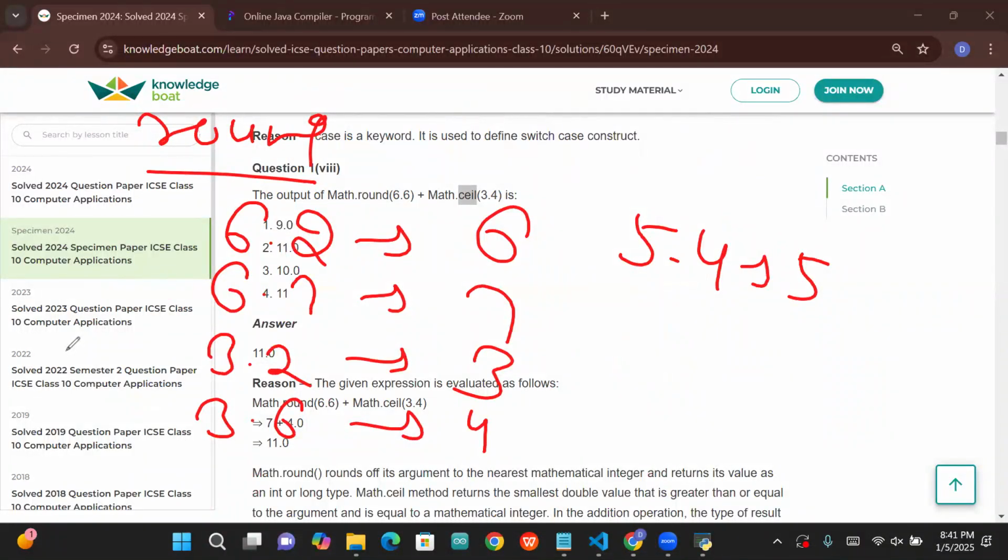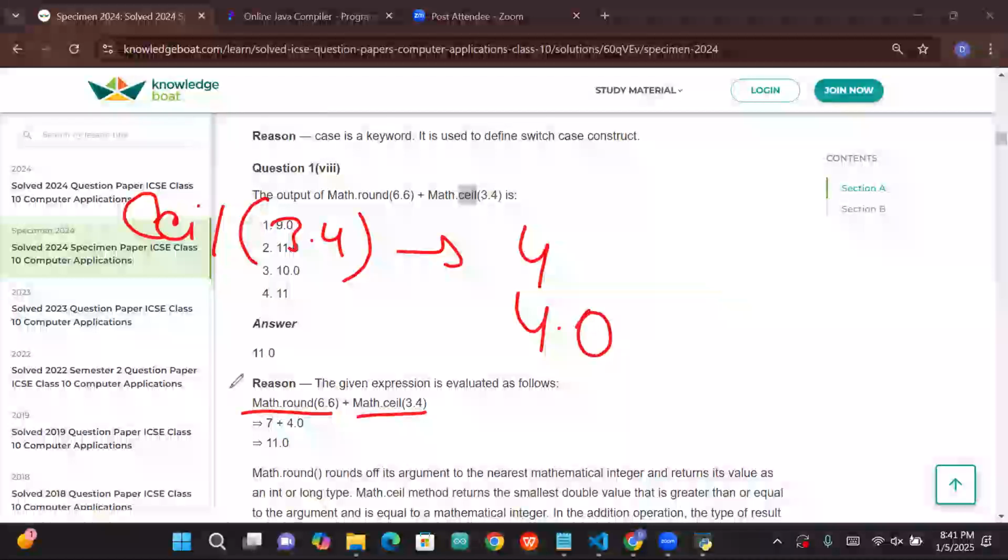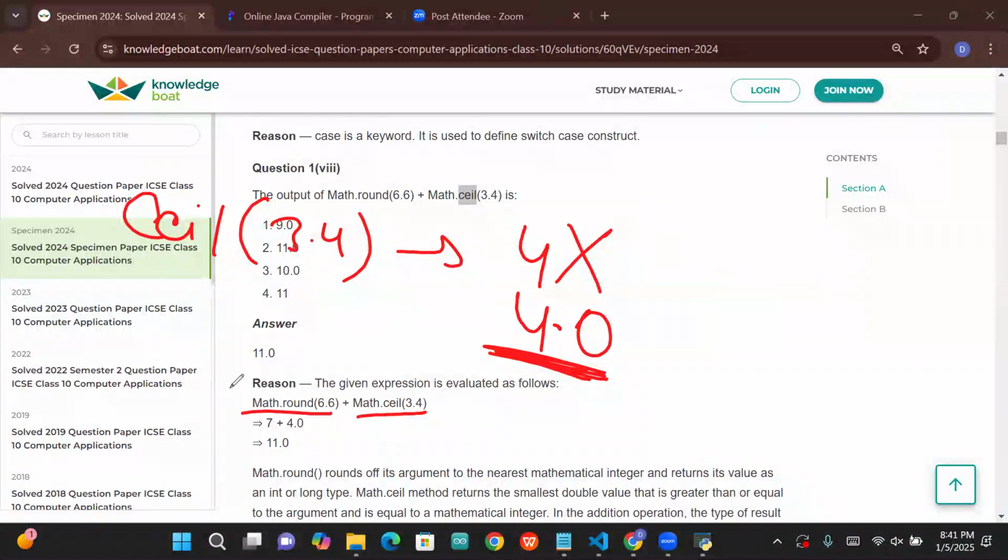Now, a very important thing: generally all the Math functions return a double value. If you are doing the ceiling of 3.4, the output will not be 4, it will be 4.0. You will always write 4.0 as output, because it returns a double, a decimal value.